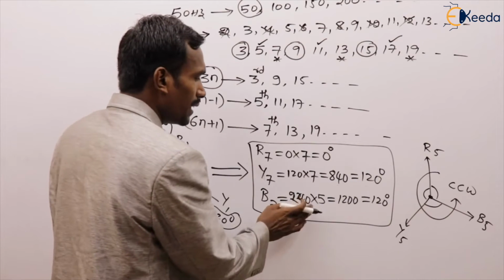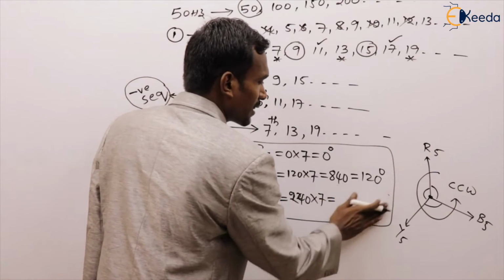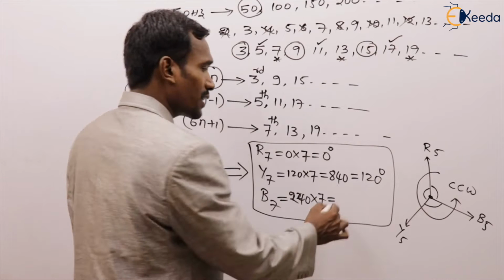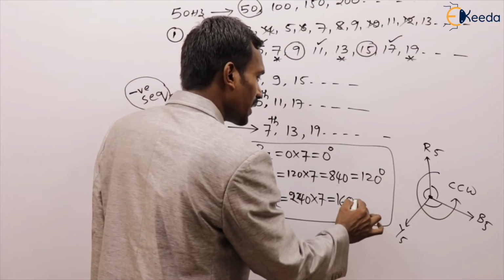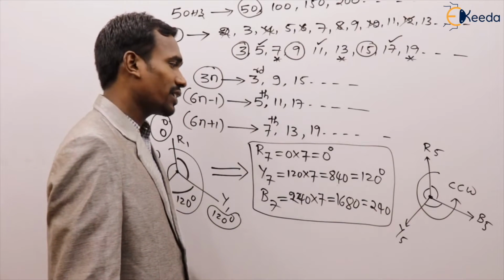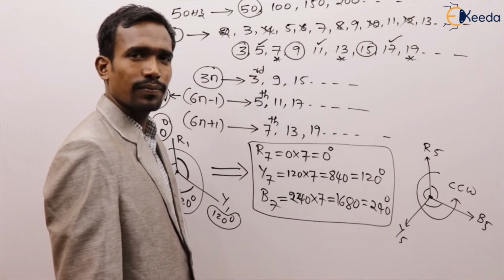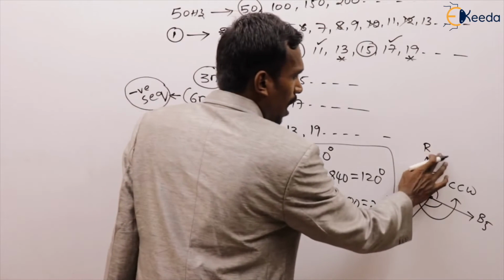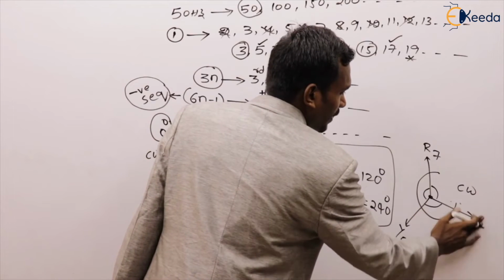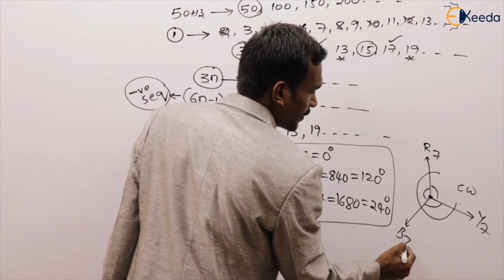And next, B7 is 240 into 7. If we calculate this, 1680 is nothing but 240 degrees. Now R7 is here, Y7 is here, and B7 is here.